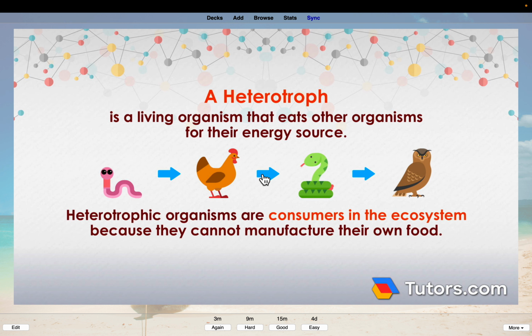Those at the top of the food web, for example, humans. Well, humans for one are heterotrophs, so that's already a given. Heterotrophic organisms are consumers in the ecosystem because they cannot manufacture their own food. Instead of getting their energy from sunlight, like autotrophs, they feed on other organisms instead.